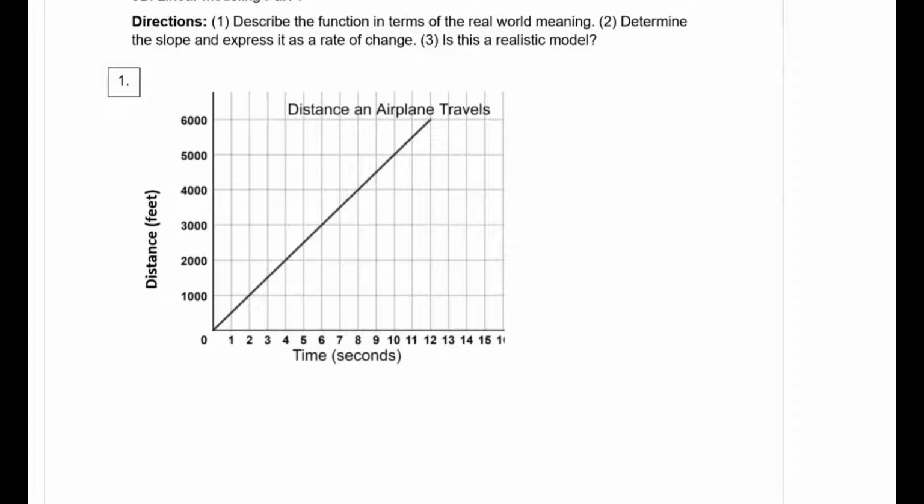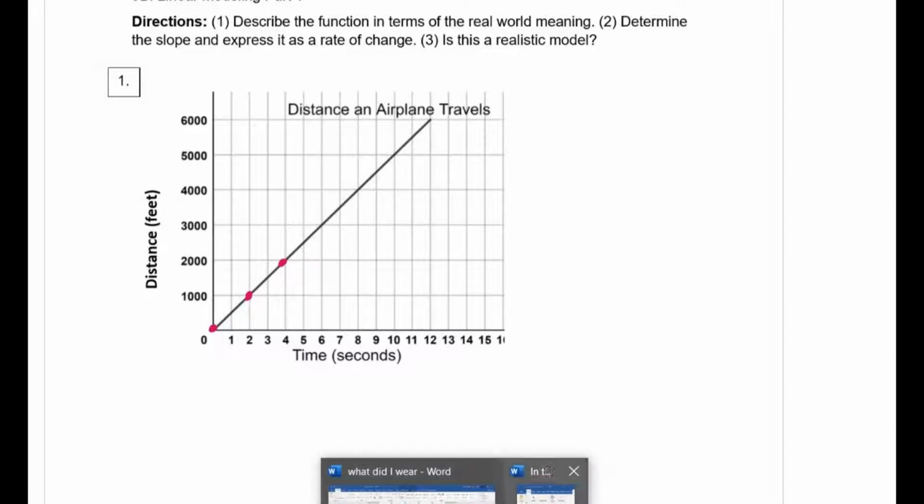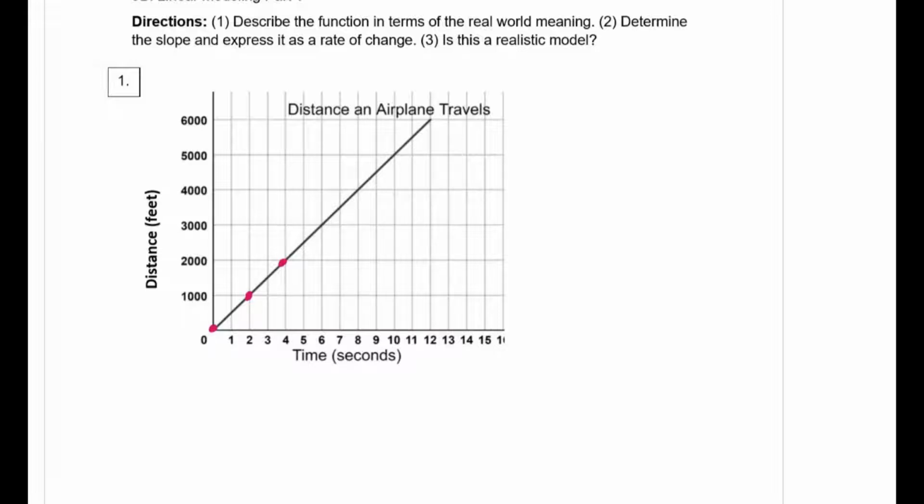To help us read this graph and understand its meaning, we are going to choose points on my graph that are right at the corner of one of these little boxes. It doesn't really matter which of these points you choose. We're going to start at the far left of the graph at 0, and then go over 2 seconds and up 1,000 feet.